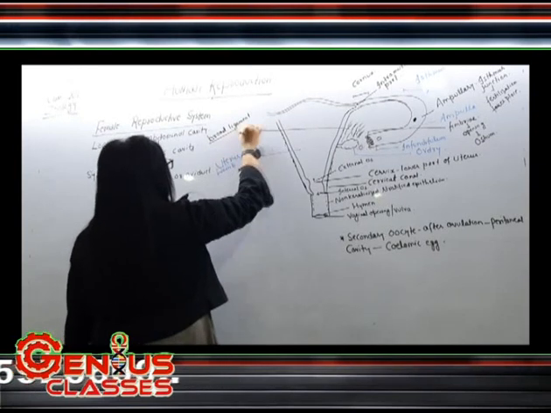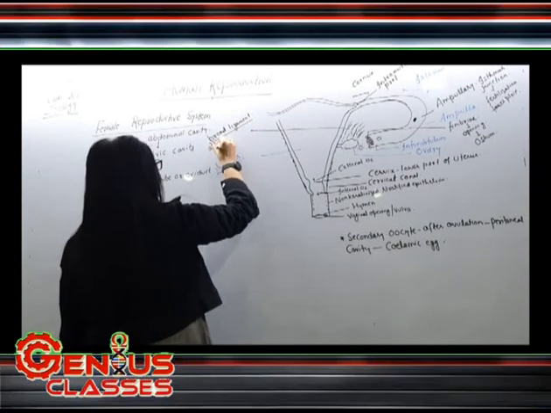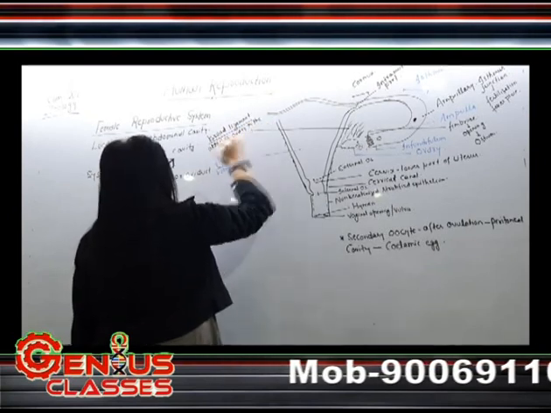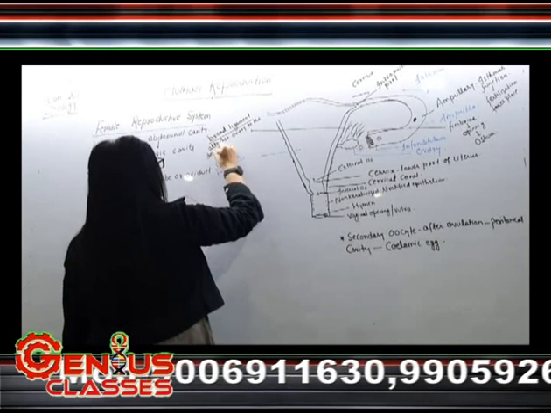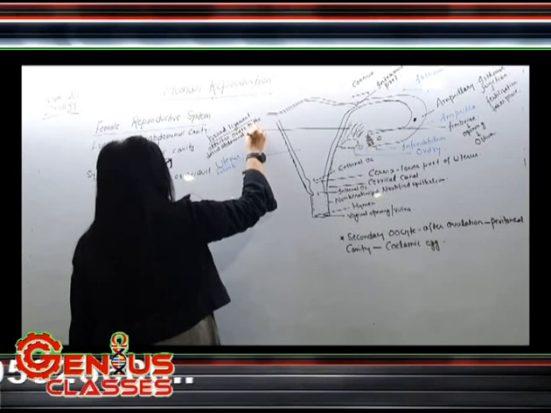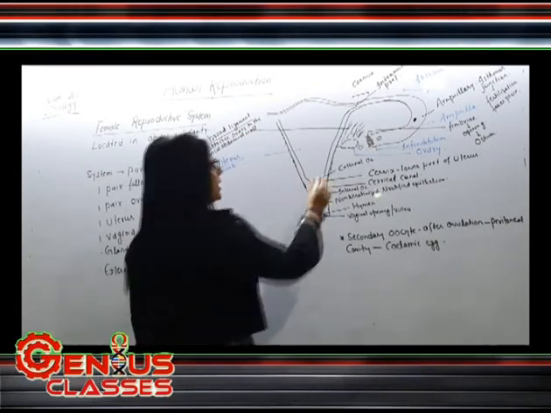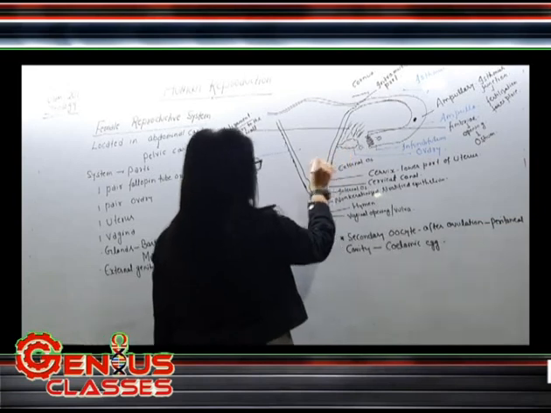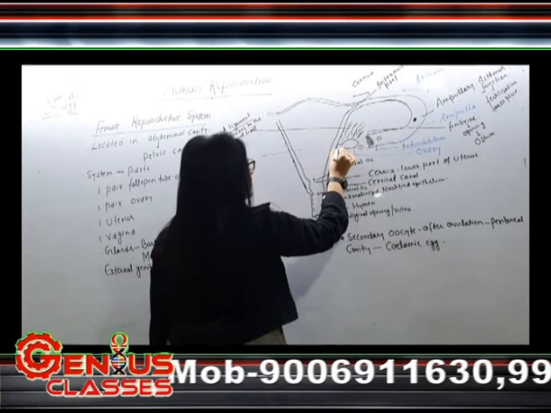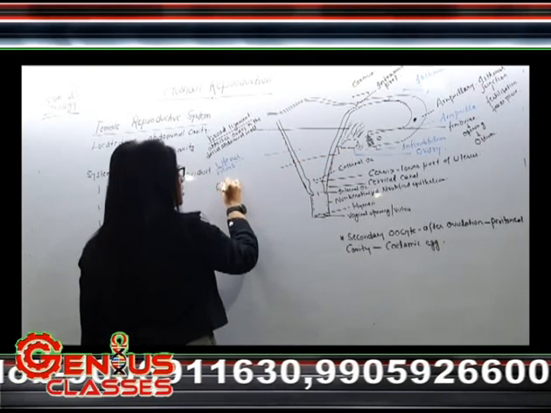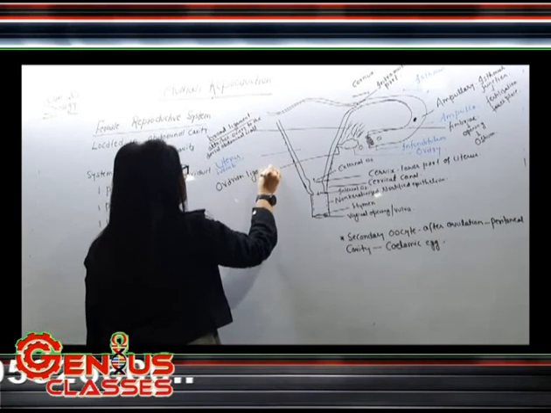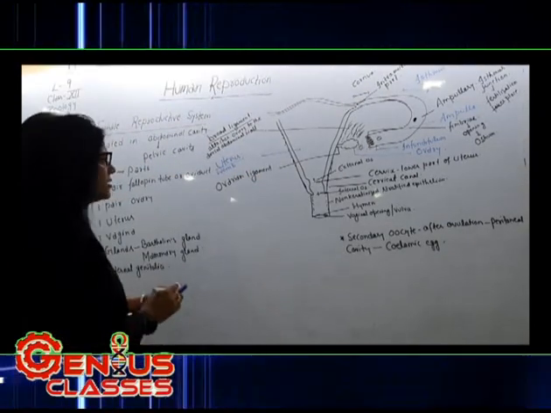The broad ligament attaches the ovary to the dorsal abdominal wall. While the ligament which attaches this ovary to the wall of the uterus is called the ovarian ligament.